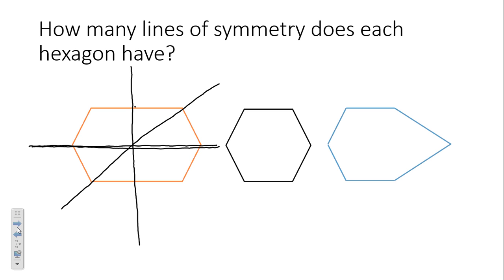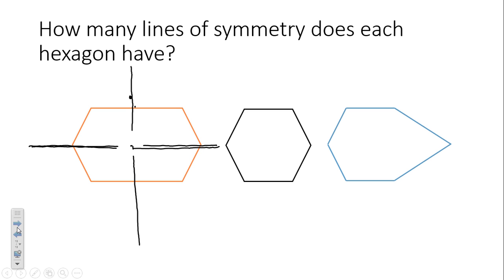Right? When we reflect it, it's going to be like this. Okay? So there's only two. And you can try folding your paper and seeing if you can see it through the light, you'll be able to see.